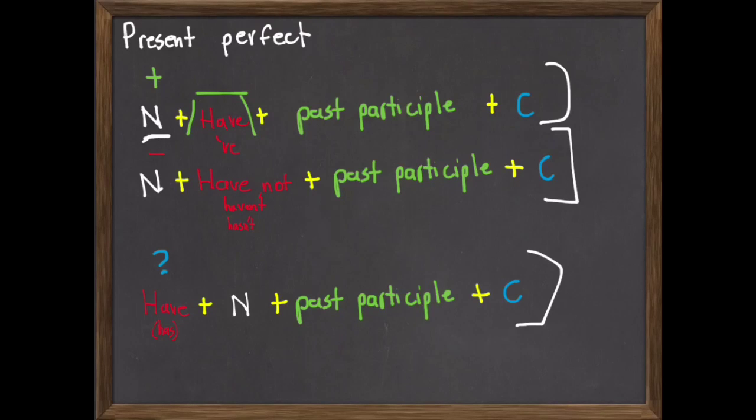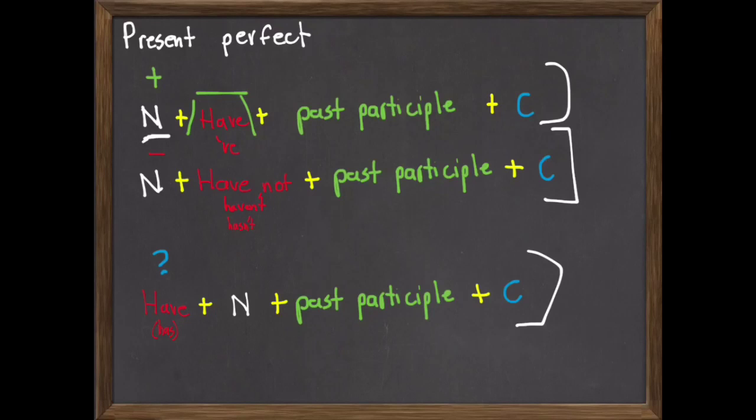Firstly, why do we use the present perfect? We use the present perfect to talk about a non-specific time in the past or to compare actions that have happened in the past. We also often use the present perfect with ever and never to talk about experiences that happened up to the present.